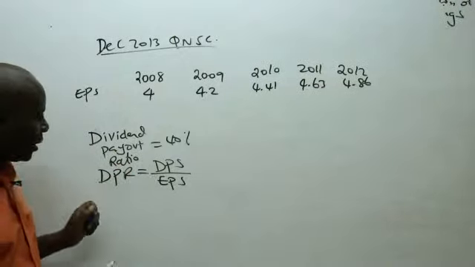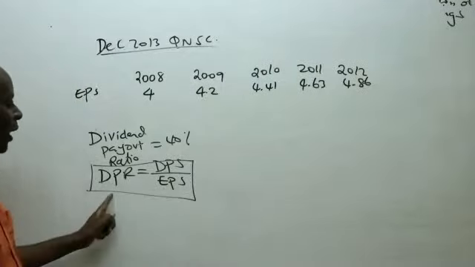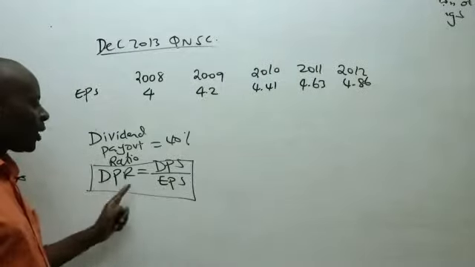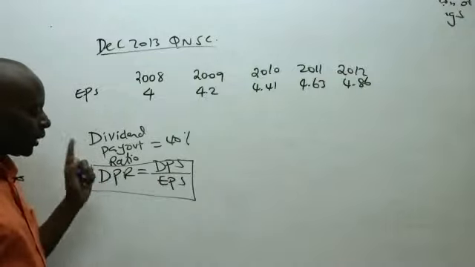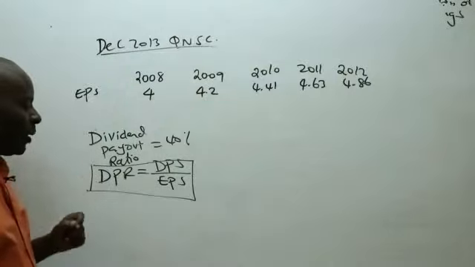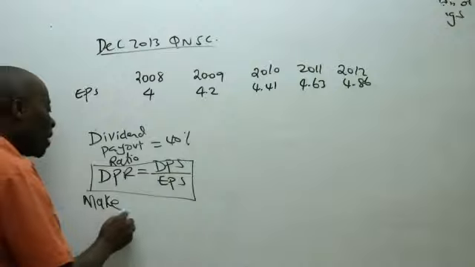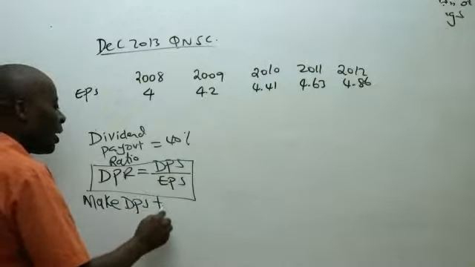Please write this, and if possible, highlight it. Dividend payout ratio equals dividends per share all over EPS. And then I would want you to make DPS the subject.